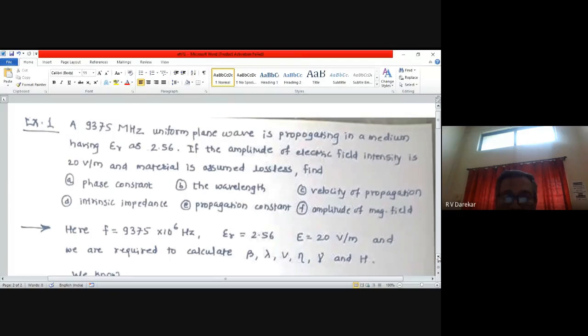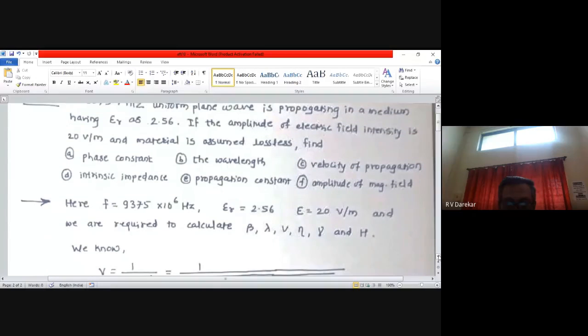That is 50 hertz only. Here it is 9375 into 10 raised to 6, a very high frequency for the electromagnetic wave. Also we can see that epsilon r is equal to 2.56, and in the case of air we know that epsilon r is equal to 1. Here its value is 2.56.